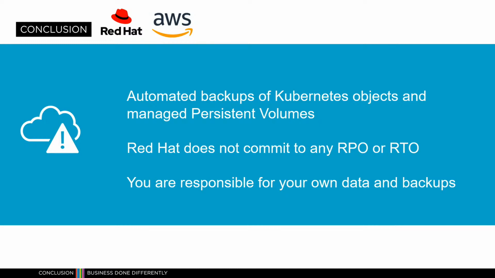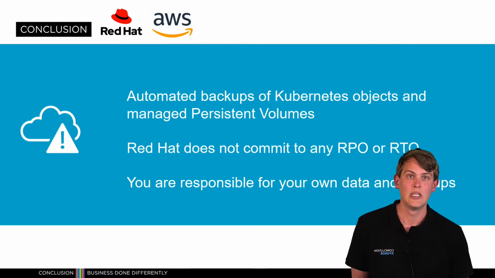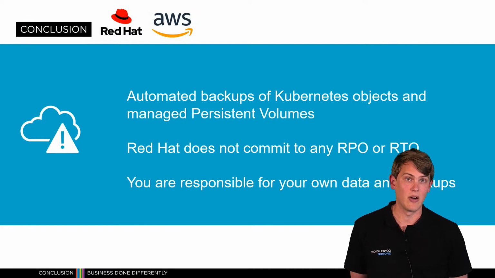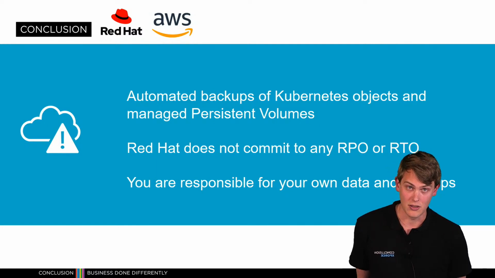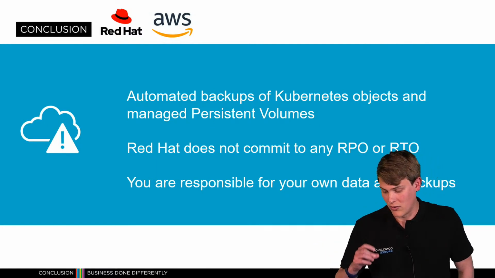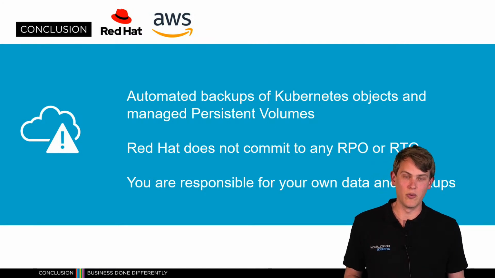Red Hat uses all the relevant AWS tools and endpoints to make backups, snapshots of all the persistent volumes. You can get those backups restored or access those backups, but Red Hat does not commit to any RPO or RTO. And that's only considering their own managed stuff. You are fully responsible for your own data and your own data recovery strategy. So it's really important to look into or plan your persistent storage usage.